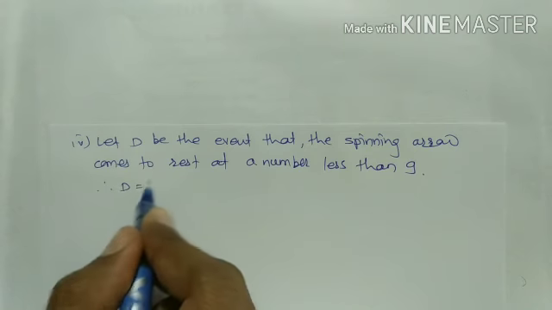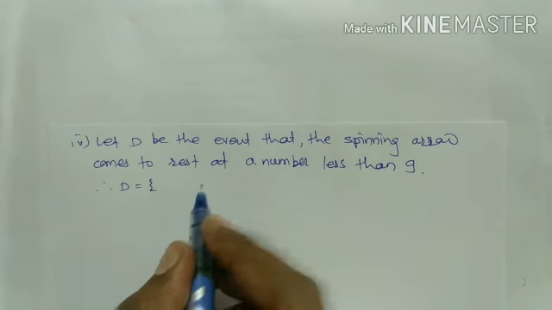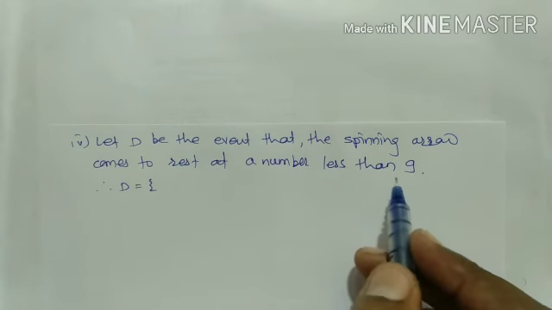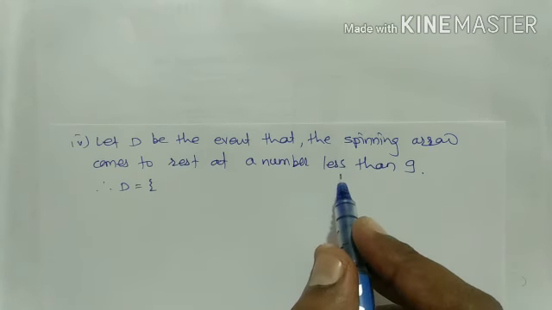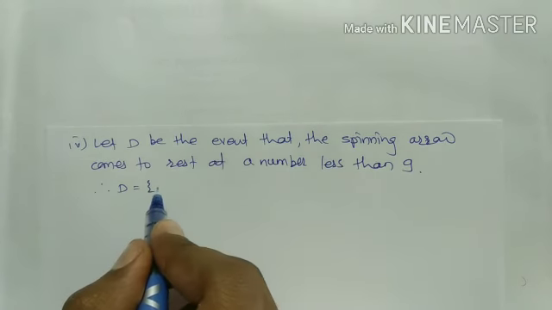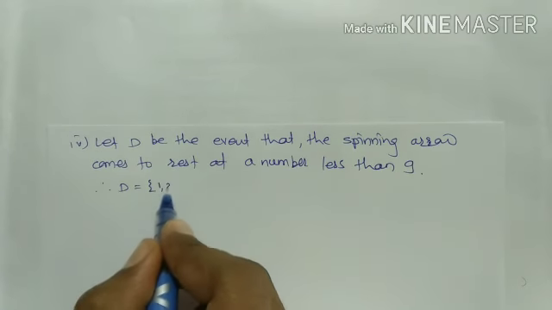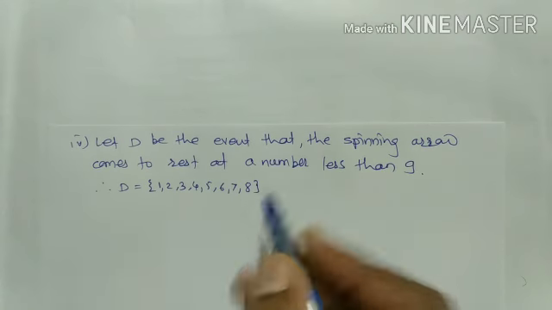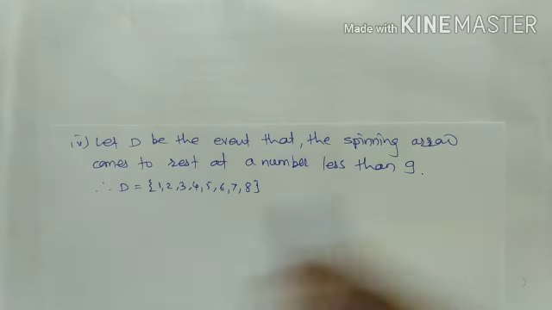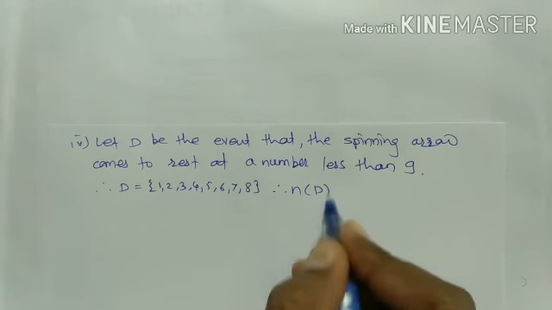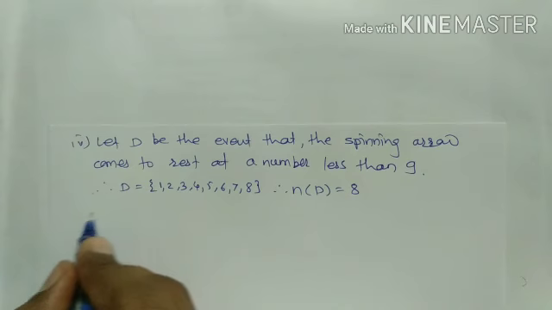Therefore, for D, the numbers are from 1 to 8. The condition is the spinning arrow rests at a number less than 9. Here all the sample points in the sample space are also in the event D. So here we write 1, 2, 3, 4, 5, 6, 7, and 8, because all these numbers are less than 9. Therefore, number of D equals 8.